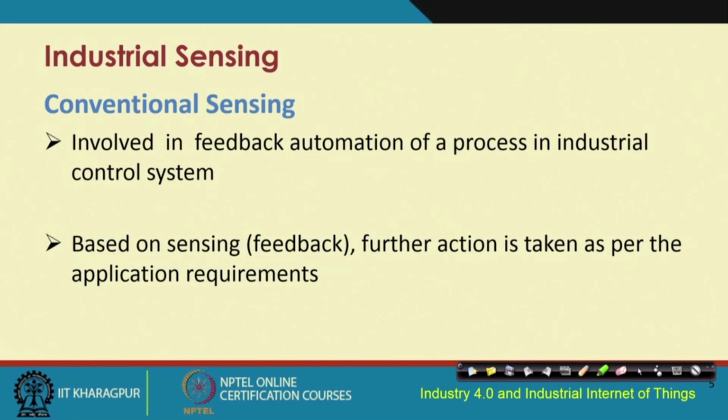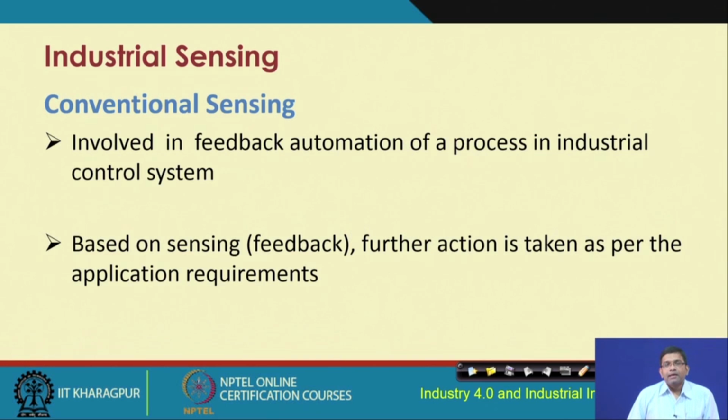Conventional sensing involved getting some kind of feedback for automation of a process in an industrial control system, based on some sensing for taking some further action to serve certain specific application requirements. And these conventional sensors have been there since long, as I just said.